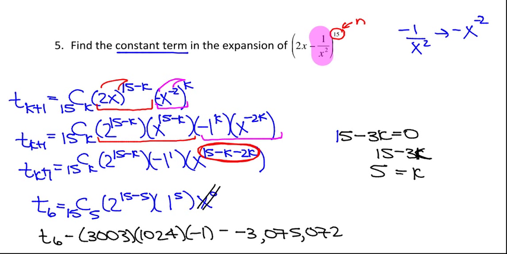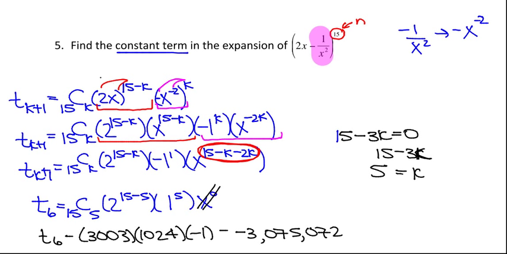I'll recap briefly what I did. Because I'm looking for a constant term, a term with no x, I used my detective skills and wrote out what it is that I knew. So I knew my n, to figure out what k would have to be in order for this exponent to equal 0 and cancel out.